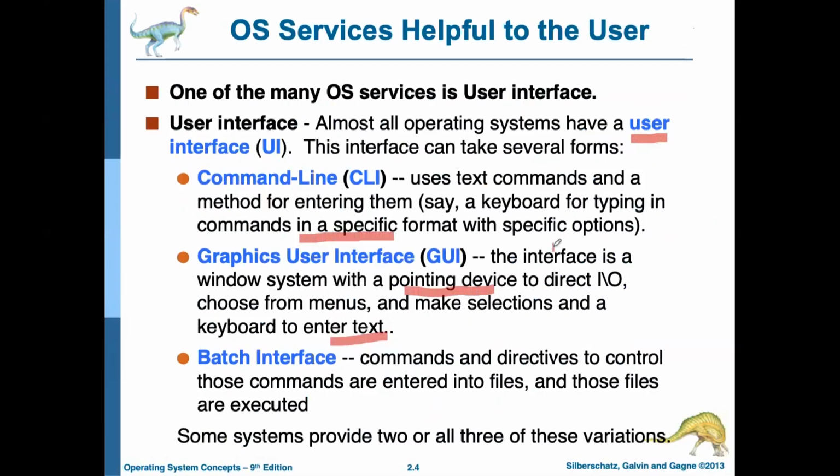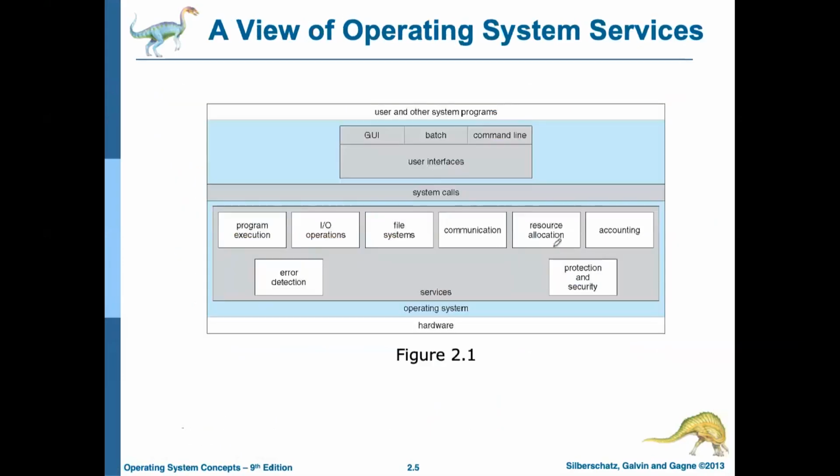So this is the figure regarding operating system services. You can see that this is in the form of layers. On top, you can see the user and other system programs, and next we have the user interface.